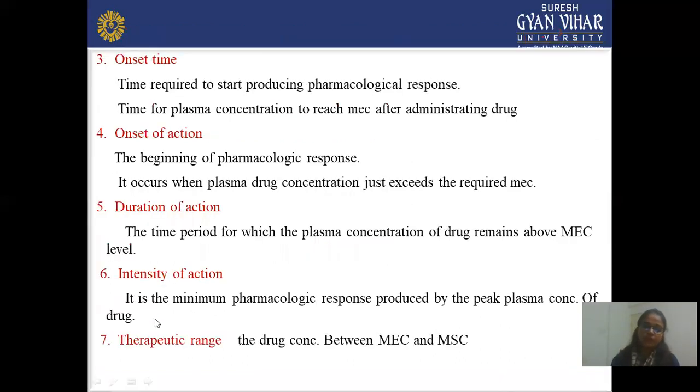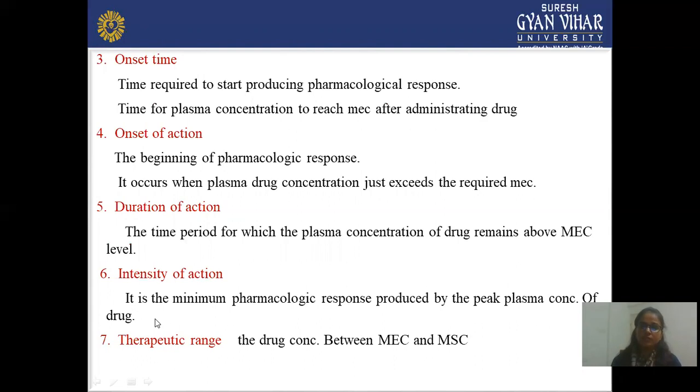In the pharmacodynamic parameters, next is the onset time. Onset time is the time required to start producing a pharmacological response, the time for plasma concentration to reach the MEC after administration of the drug. It means how much time is required to start producing the therapeutic or desired pharmacological effect.